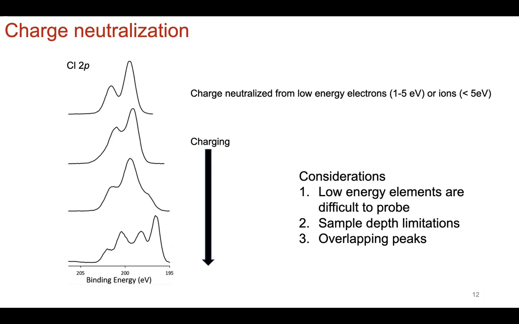But if you ever get any signal that looks non-repeatable and also curious, as in you have chlorine, you should expect a 2p 1/2, 2p 3/2 peak like this, then that means it should be resolved. You should be able to resolve it. So that's another indication that perhaps something is off operationally.